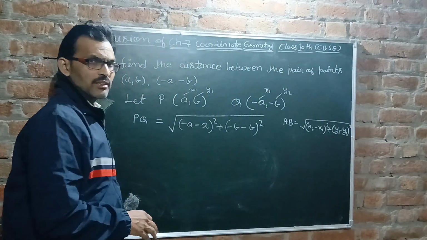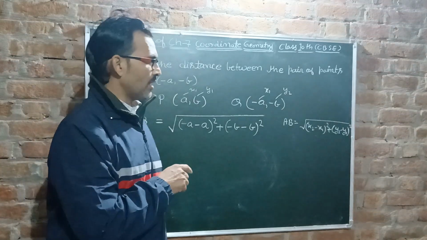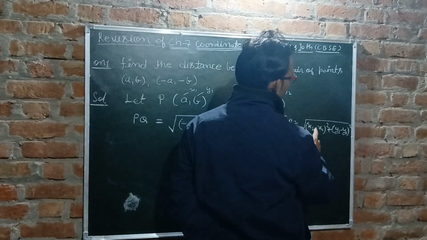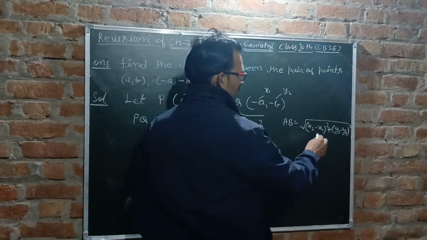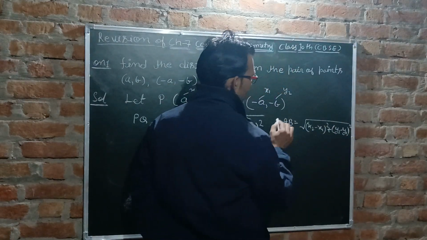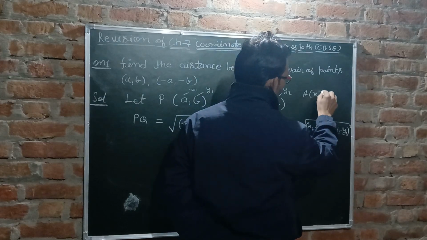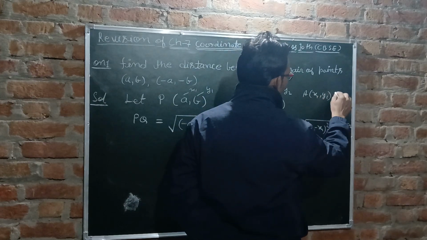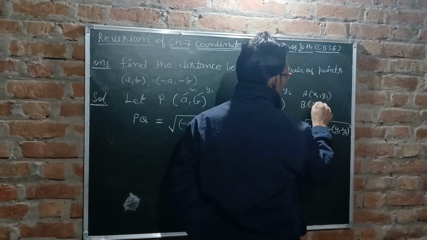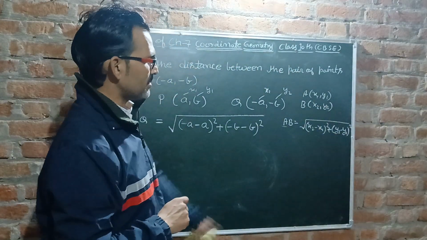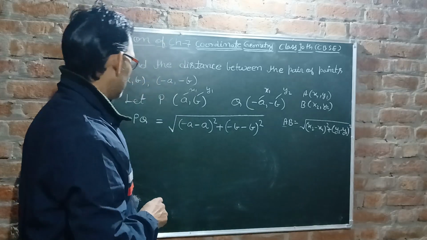So x1 and y1 are the coordinates of point A, so I will write here x1 comma y1, and for B I will write x2 comma y2. These are the coordinates and this is the formula for that.